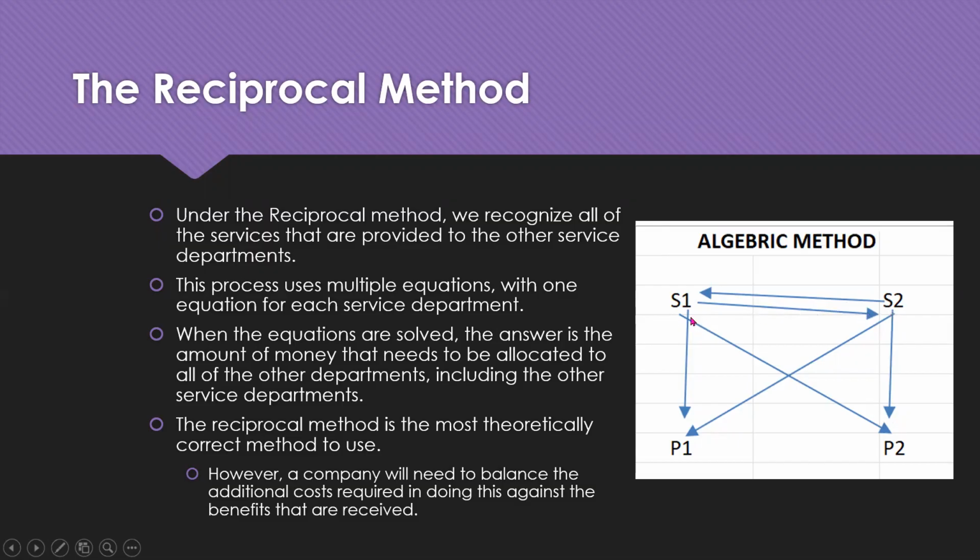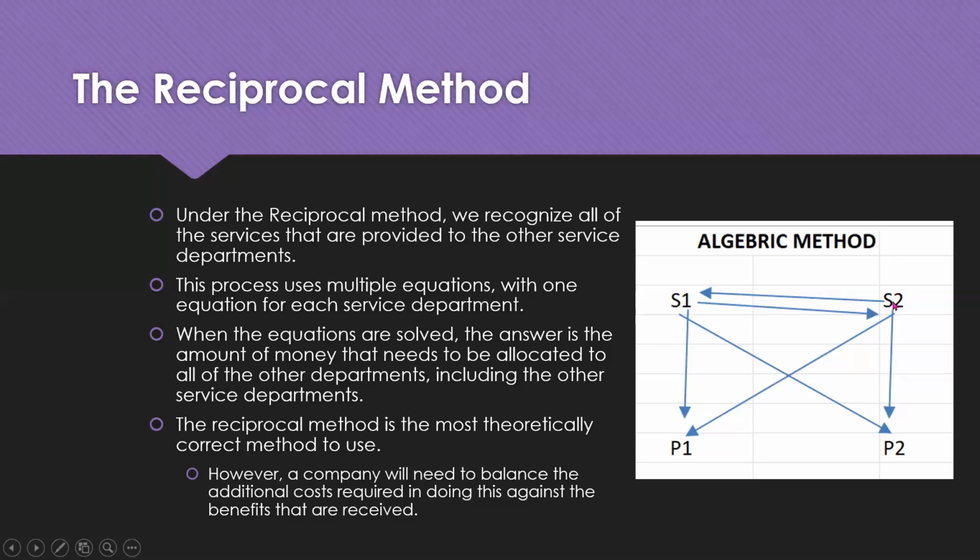Each department is providing service to others, not to all departments, but some may provide service to 3 departments, some to 4, depending on who is taking the service of that department. Here, when the S1 department is there, it provides service to P1, P2 as well as the S2 department.